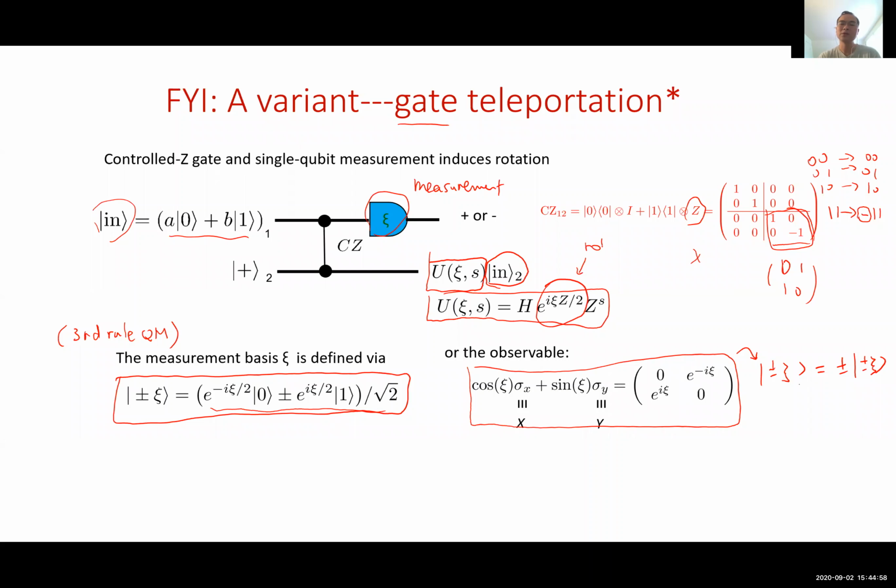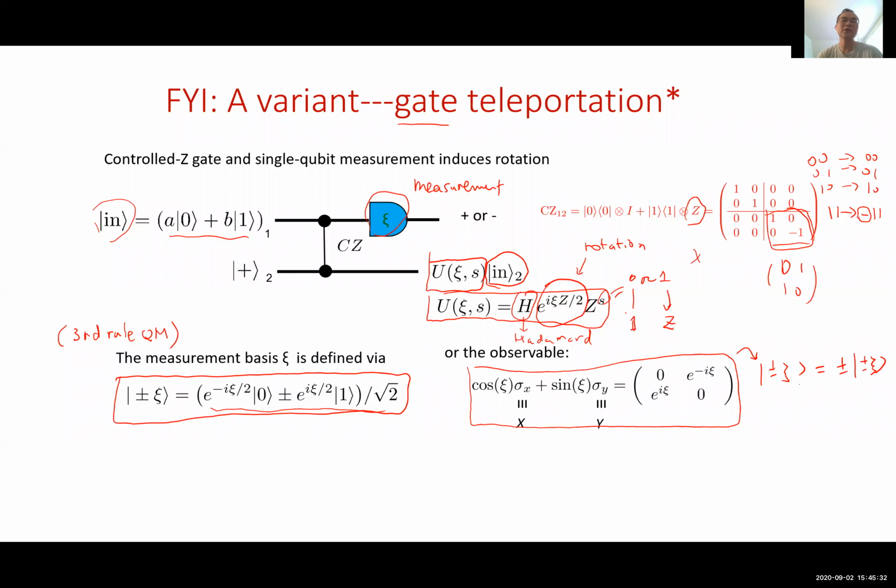This is a rotation. If you remember, the Pauli matrices are related to rotation, generators of rotation. And s here is basically 0 or 1. If it's 0, that's identity. If it's 1, there is a Z. And this H here is Hadamard. Okay. So this is the goal.